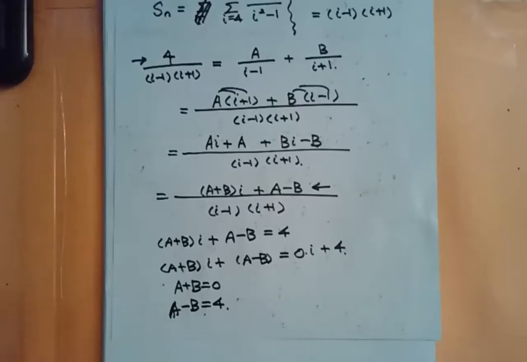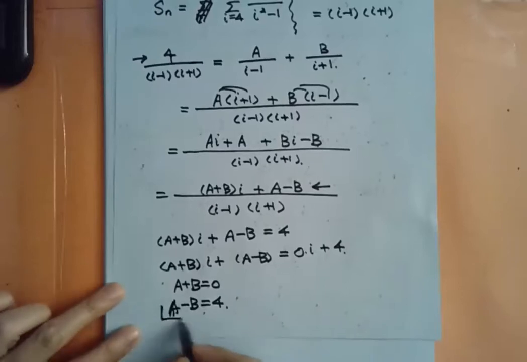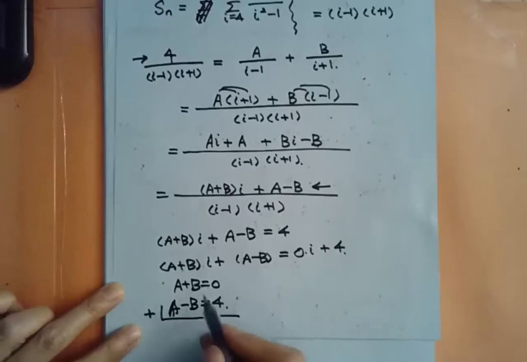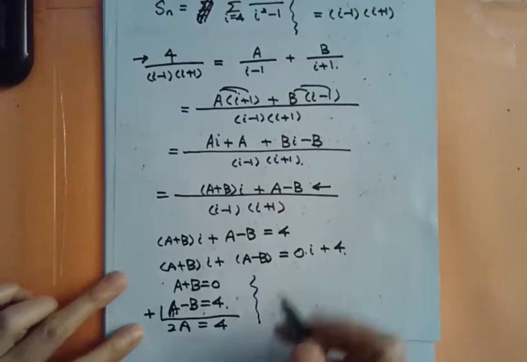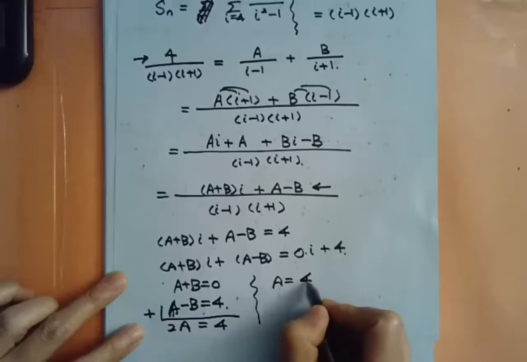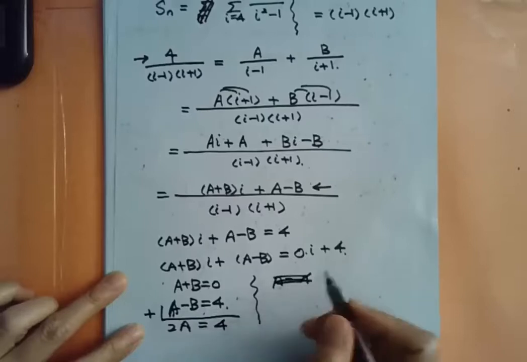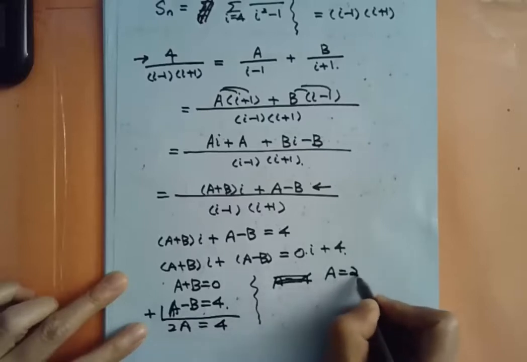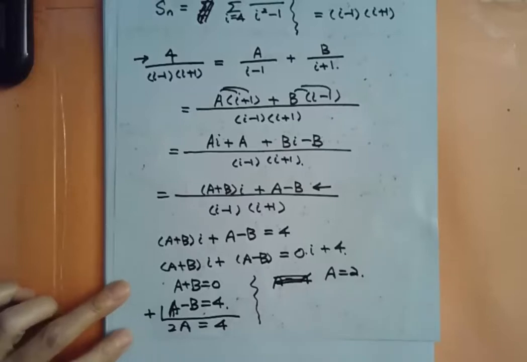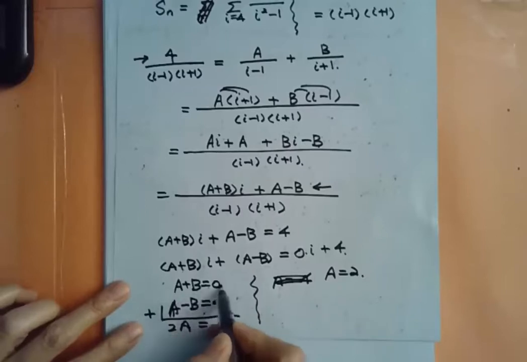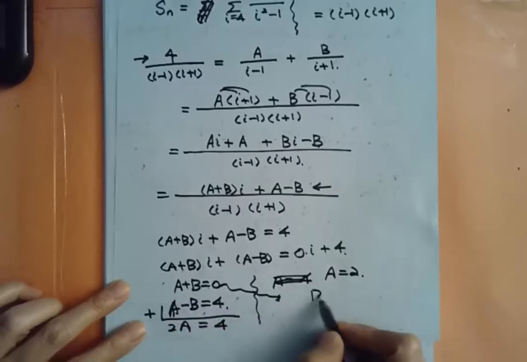So we have two equations, and then we want to obtain A and B. We add vertically, and then we have 2A on the left side and 4 on the right side. So A equals 2, right? And we know A plus B equals 0, so B has an opposite sign.